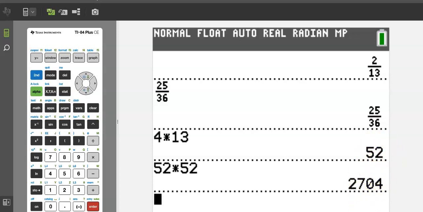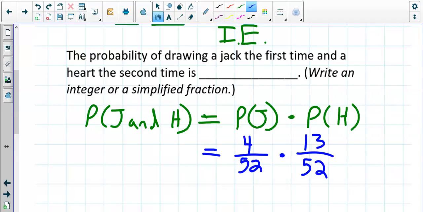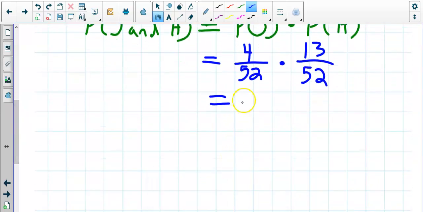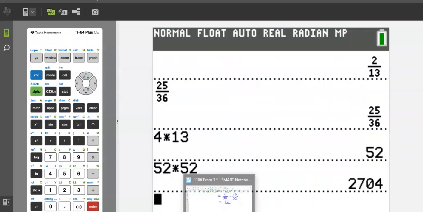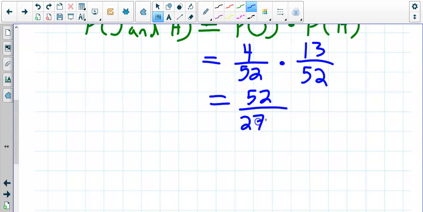And then all you would do is just reduce those. So I'm going to write that down real quick and then write the reduced answer, which will be the correct answer. 52 out of 2,704. So when you multiply straight across, this is what you get.